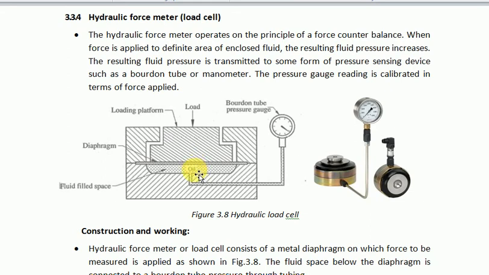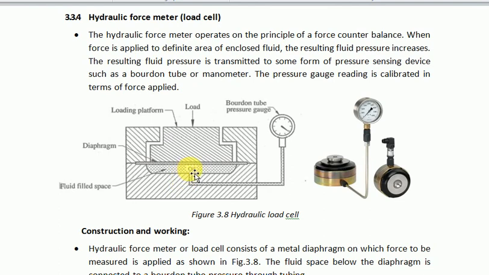Below the diaphragm oil is filled, and this oil is connected to a pressure gauge or Bourdon tube type pressure gauge. When a load is applied on this platform, this loading platform will try to move downward.